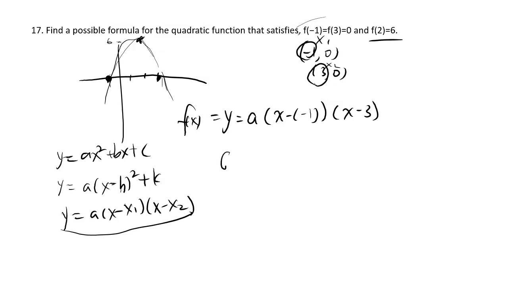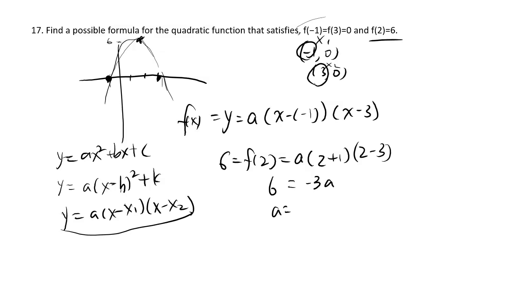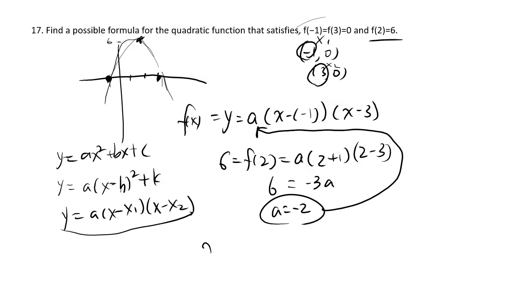So 6 is f of 2, but according to this formula, that's a times (2 plus 1), and then (2 minus 3), which is 3 times -1, so -3a. So 6 is -3a, so a must be -2. Plug that back in, and the final answer is f of x equals -2(x plus 1)(x minus 3).